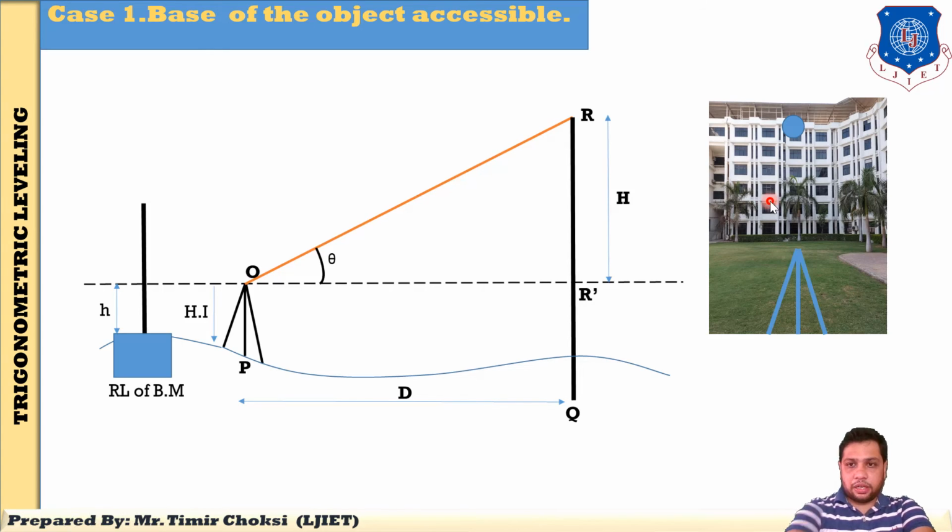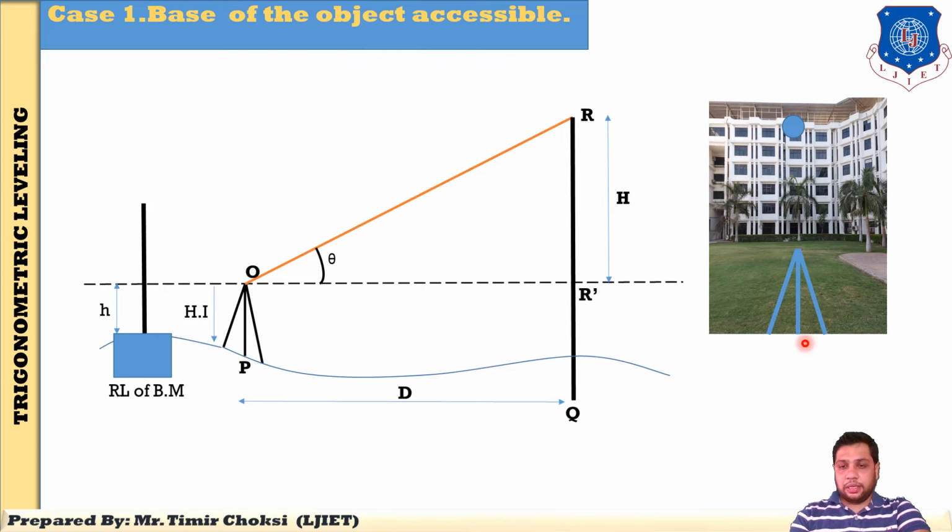This is a building, meaning this is the object you have to find, and this is the base of the object. So you find the distance between the instrument station and the base of the object. This type of condition is called the base of the object is accessible.